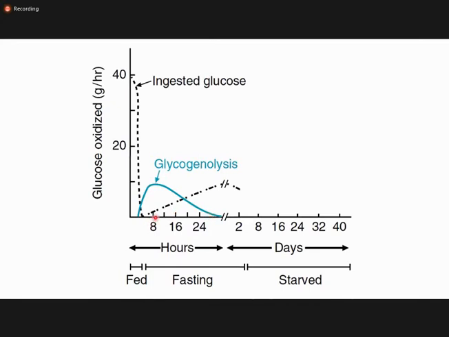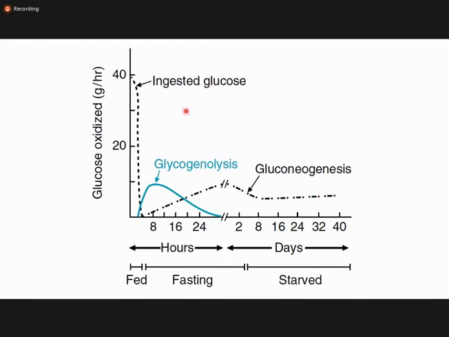We have another pathway that helps in maintaining the blood glucose concentration, that is gluconeogenesis. Gluconeogenesis approximately starts at 8 hours. It reaches the peak approximately after 24 hours, that is 1 day or 2 days, and it provides the glucose residues for glucose oxidation that can maintain the normal blood glucose concentration.